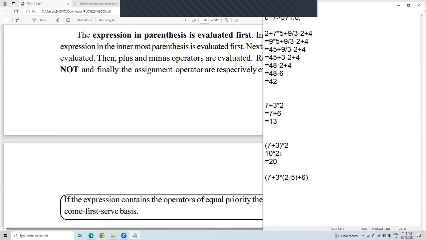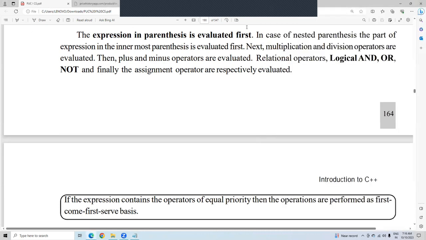Now the whole expression is in one set of parentheses, and 2 minus 5 is in another parenthesis. So this is the innermost parenthesis. First, 2 minus 5 should be calculated. Right. So 2 minus 5, how much? Minus 3. Right. Then the remaining equation has to be solved.